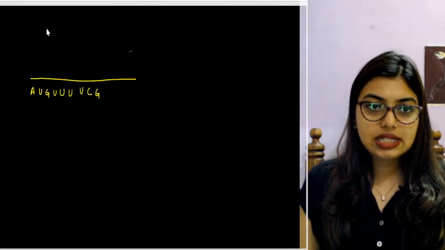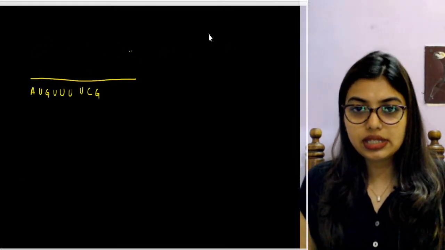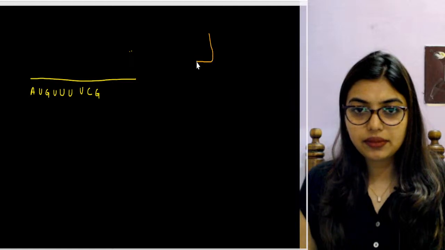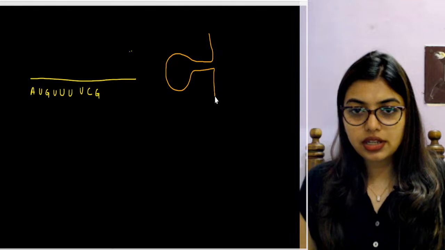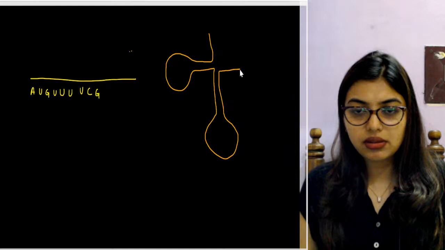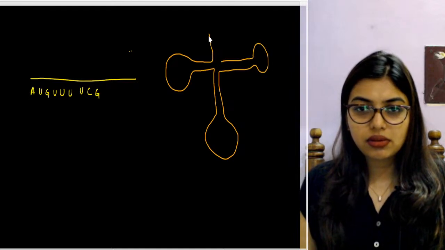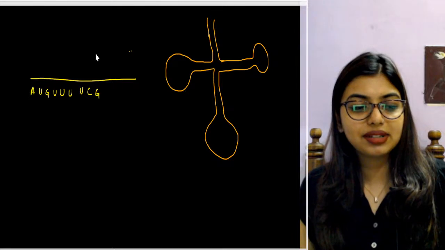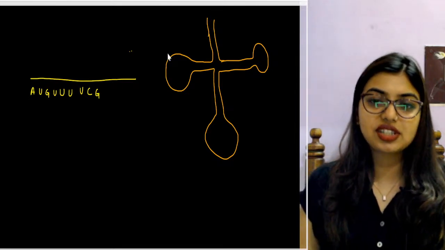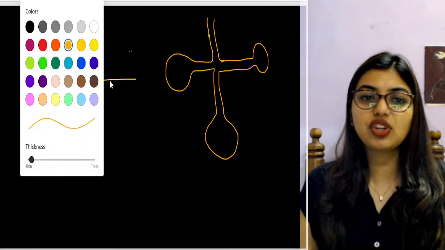This tRNA will not come alone. This is the tRNA. I'm trying my level best to draw with this pen. This looks so bad, but please adjust, students. So this fellow will not come alone.